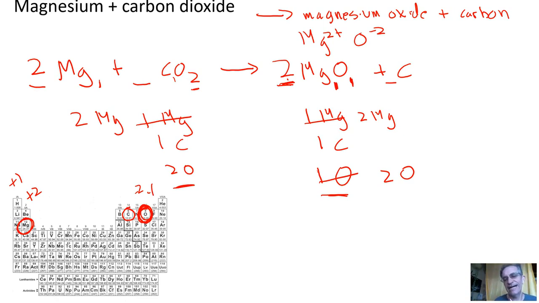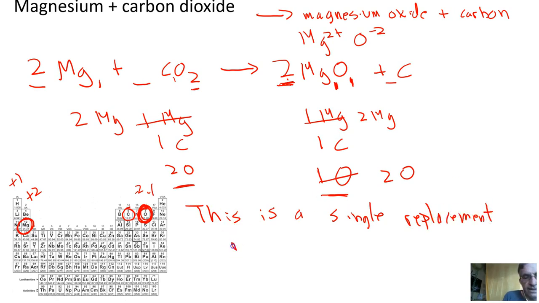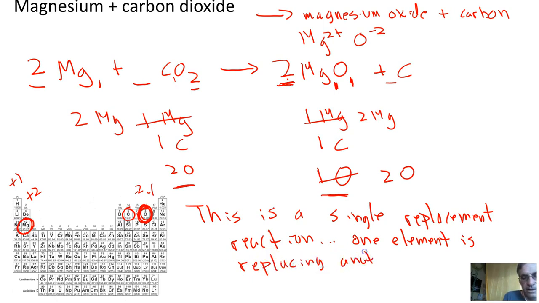We're also going to learn about kinds of reactions. So this is another category. This is not combination. This is not decomposition. This is a single replacement reaction. A single replacement reaction. What does that mean? It basically means one element is replacing another in a compound.